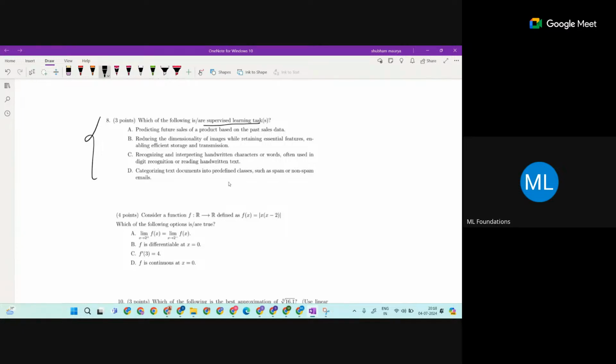Suppose some sentence is written and you already have some set of classes, and you want to recognize in which part it will fall. That's the meaning of recognizing here.